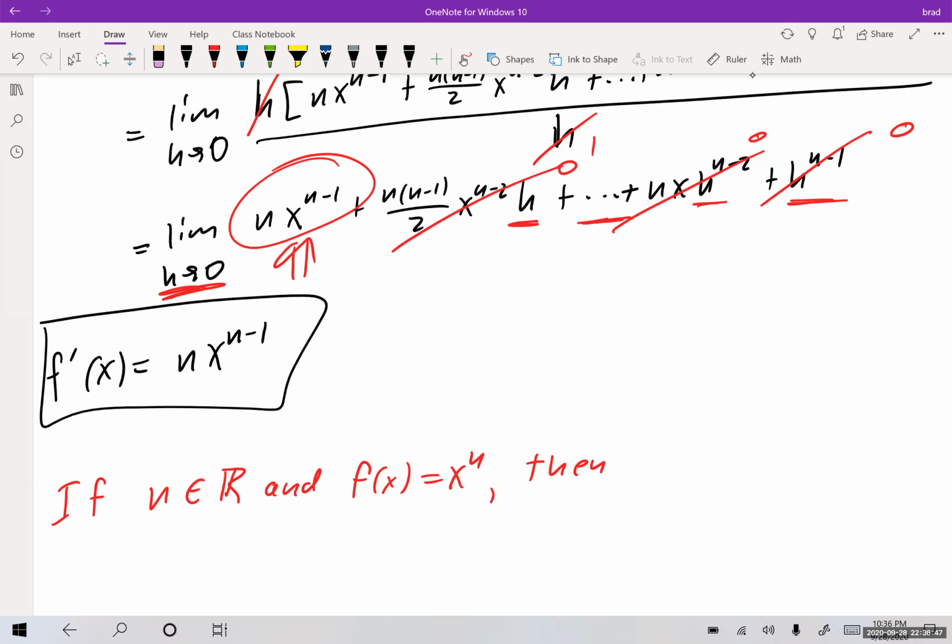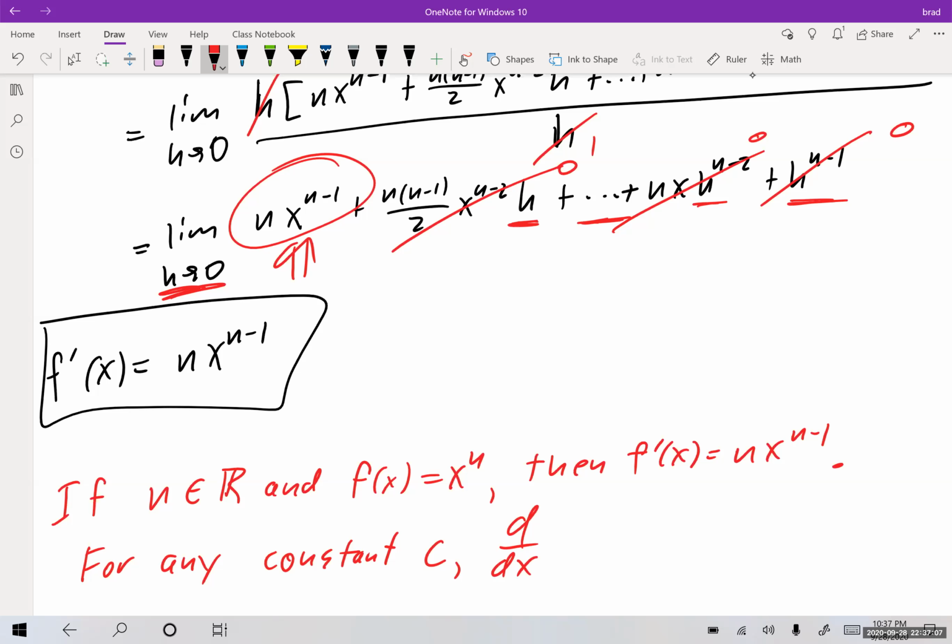Then f prime of x equals n times x to the n minus 1. For any constant c, the derivative d dx of c equals 0.